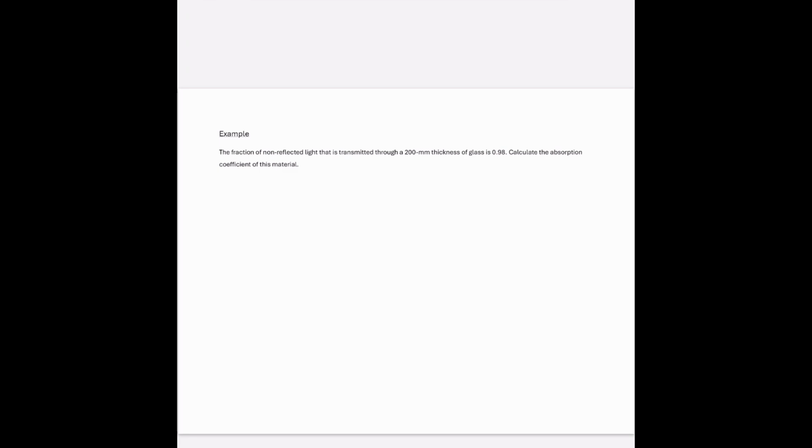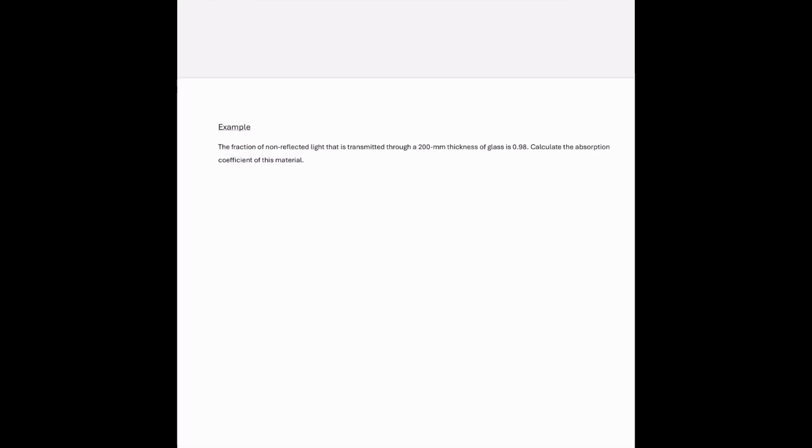All right, we're back. So the problem is asking us to solve for beta, and we have an equation that can get us there that we've seen in our textbook. This equation looks as such.